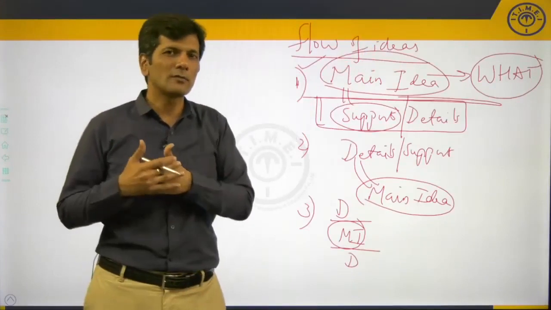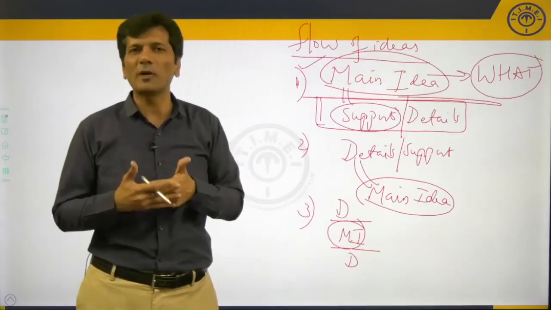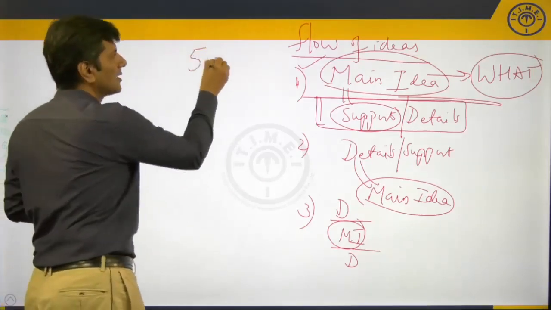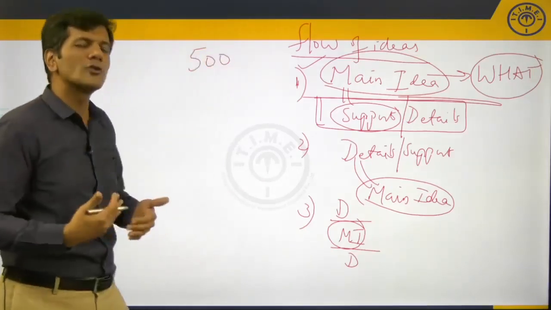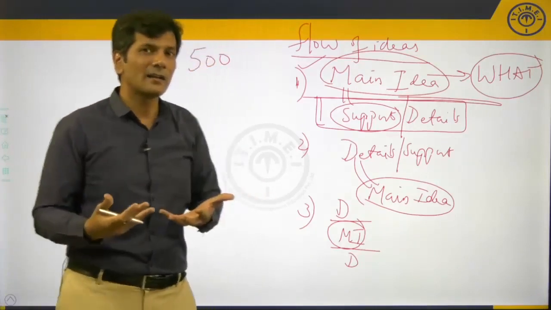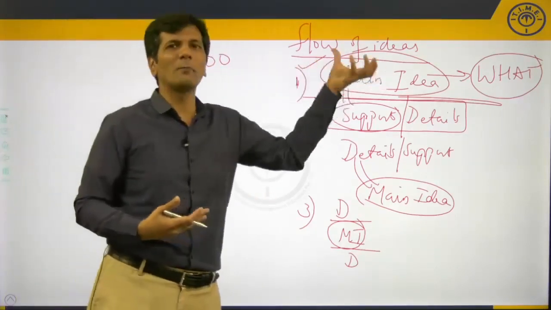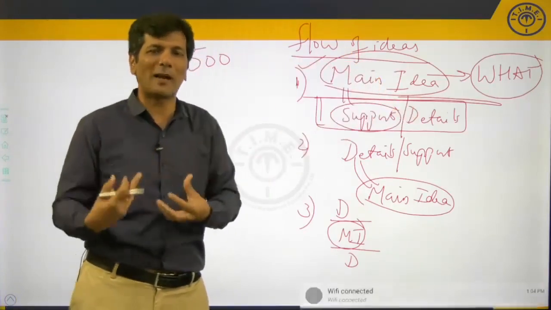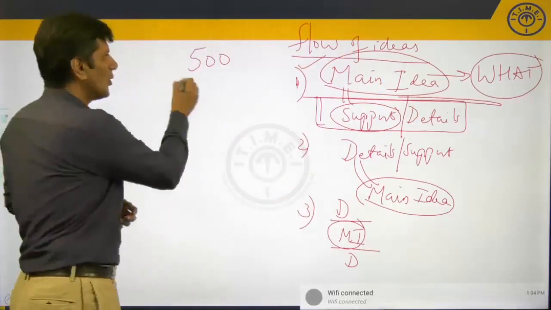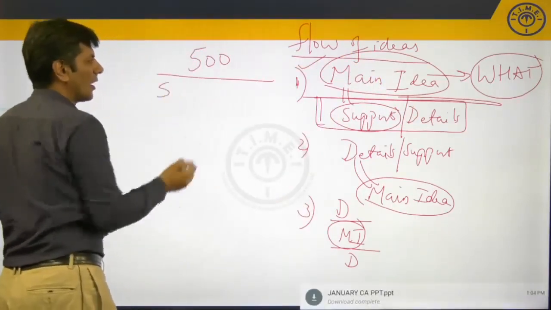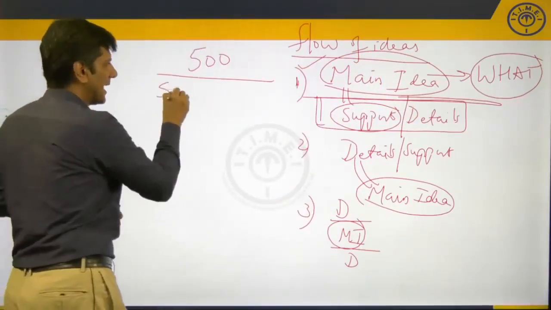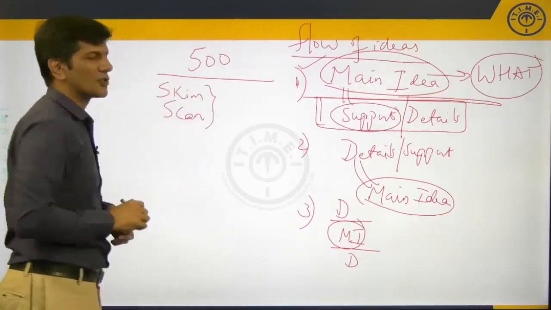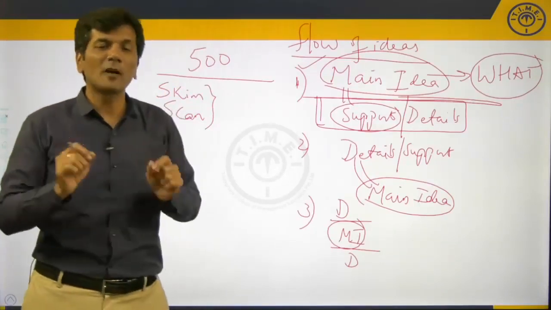So when you strategize your reading and comprehending in this fashion, going back to the earlier example where we talked about a 500-word passage and how long it should take, ideally, if you are looking for the main idea or the key takeaways in each of the paragraphs of a longer passage, you are essentially skimming and scanning the passage, which means you're really not reading it word by word.